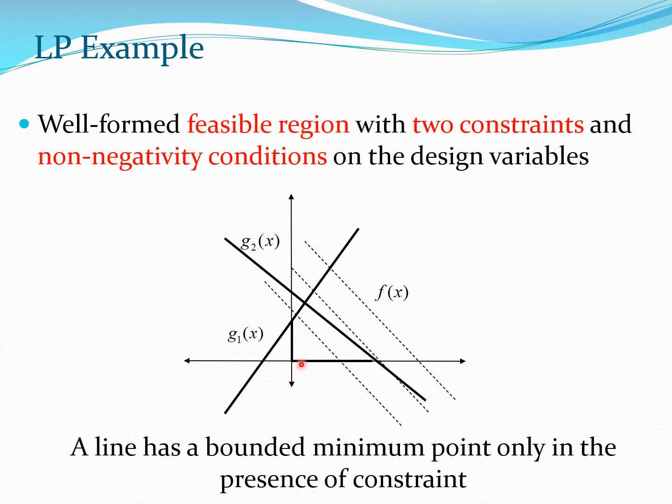But because of the presence of this feasible region, this line is going to come to some point, maybe it's here or here, and within this feasible region there is going to be a particular minimum point, and that minimum point would lie on the boundary of this particular feasible region. So that is a very important part of an LP problem, in that the LP problem has a solution because of constraints. If constraints are not there, it really is not bounded.